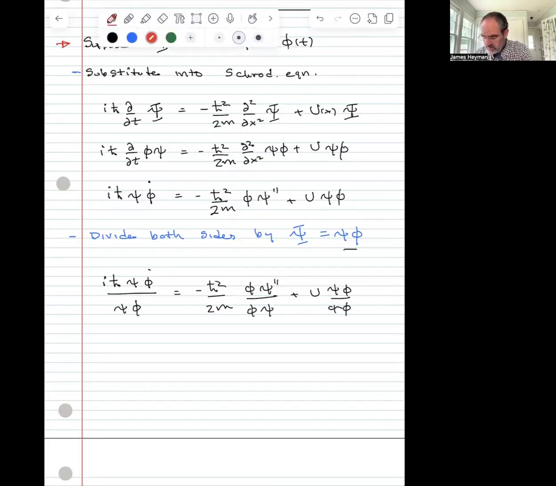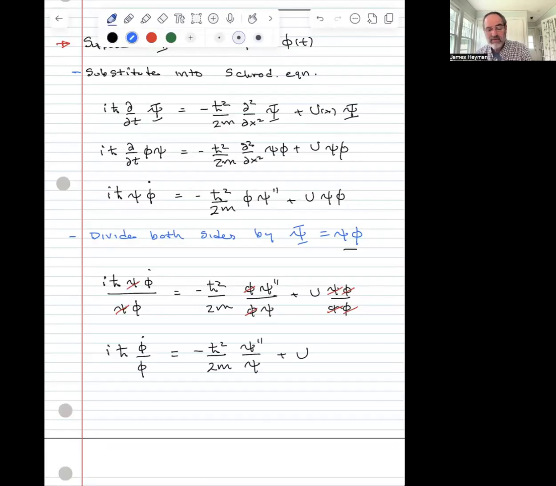You can see that some terms cancel out, allowing us to rewrite this as i h bar times phi prime divided by phi is equal to minus h bar squared over 2m times psi double prime divided by psi plus U.